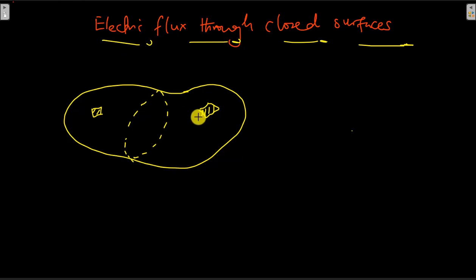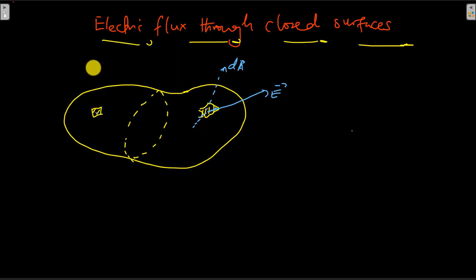So let me consider two small area elements, dA, and the electric field is pointing from the inside to the outwards. So this is the electric field, and this is the normal to the small area element. So this is a vector dA pointing from the inside. The same happens on this side.